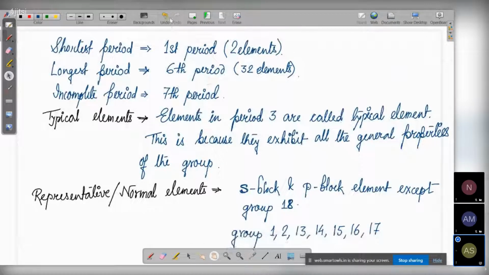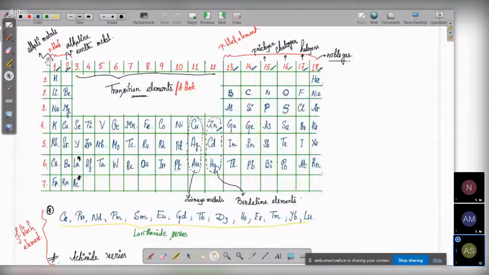Now let's move on to the next part. As we are saying about S block, P block, D block, F block, what do they exactly mean? What do you mean by an S block element or a P block element? But before I say that, I hope you have done the electronic configuration.